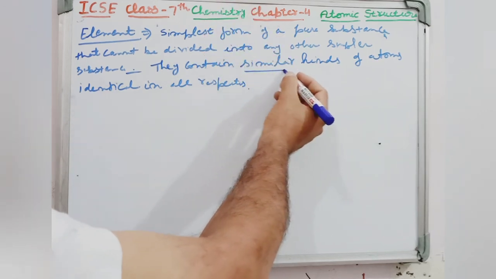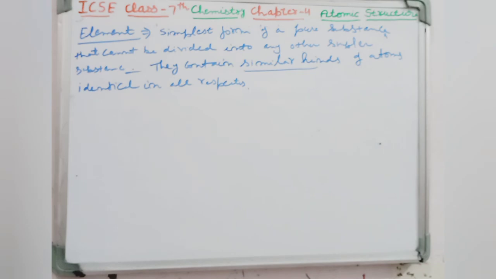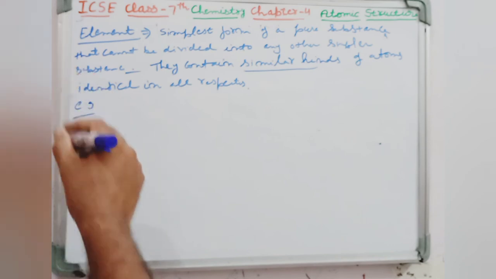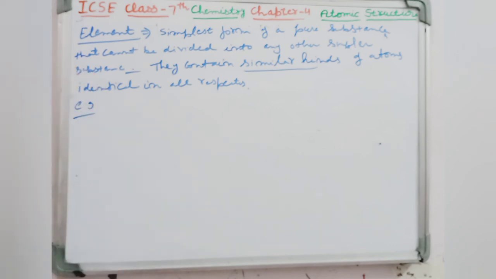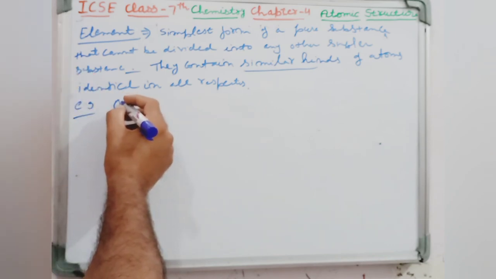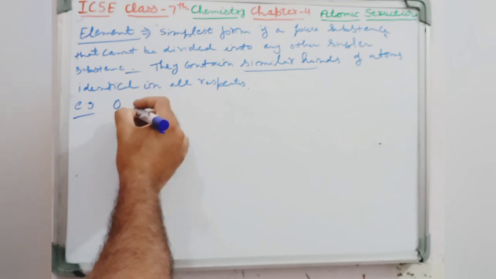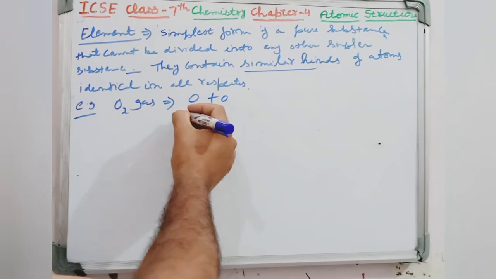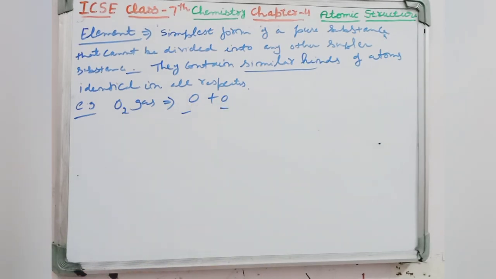Their main feature is that they contain similar kinds of atoms which are identical in all respects. A good example is oxygen, O2 gas. It contains O plus O, similar kinds of atoms identical in all respects. Right? Oxygen atoms.